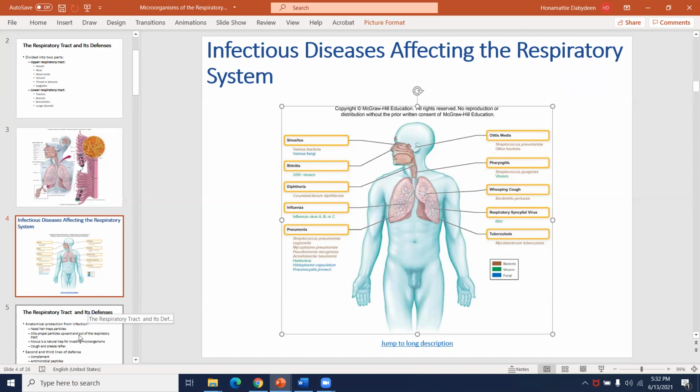So that's basically the anatomy. I am not going to go into any further detail because this is not an A&P class, and your A&P instructor must have gone into greater detail. I just want to review a little bit so you know what we're focusing on.